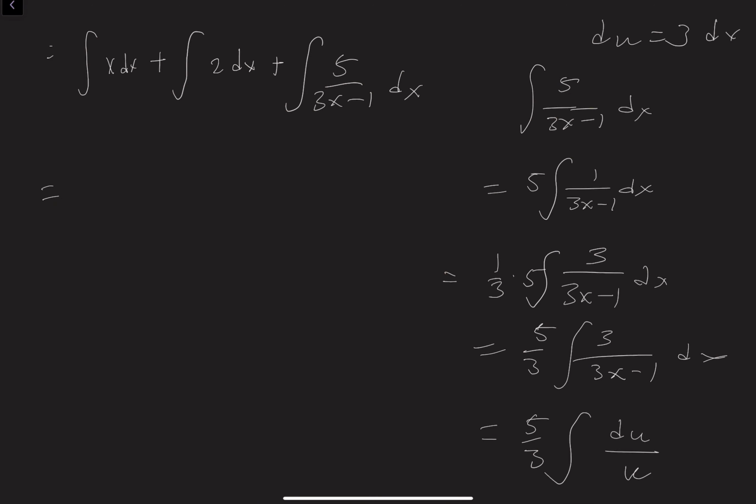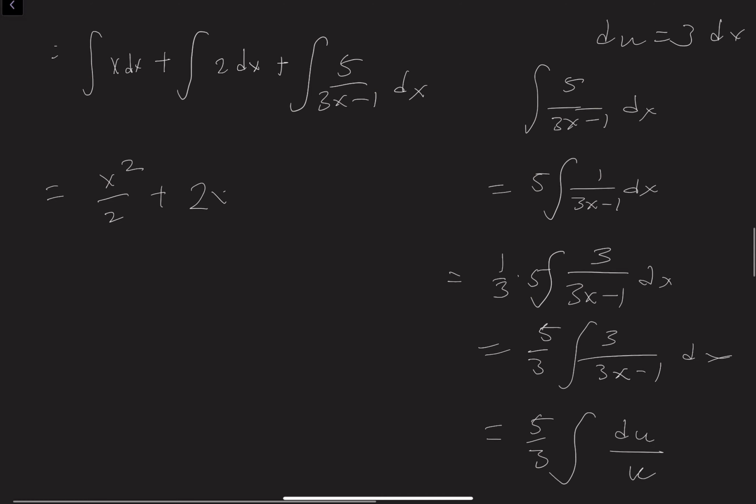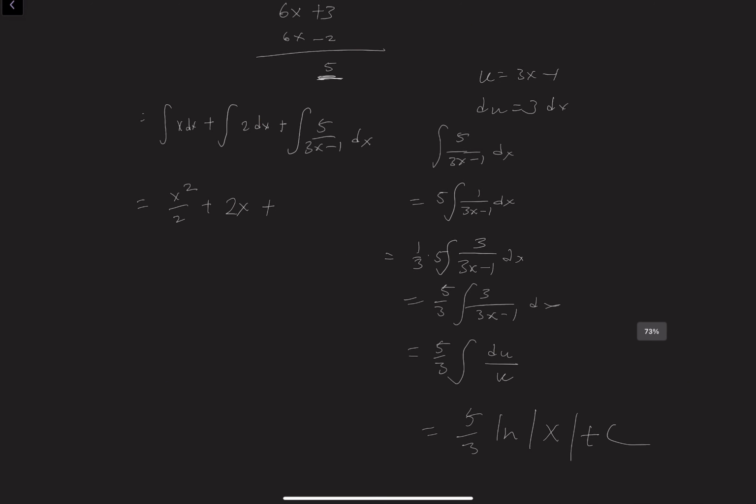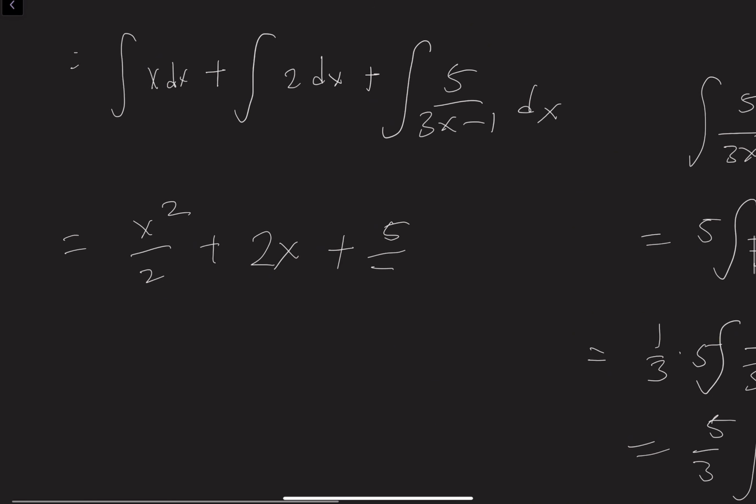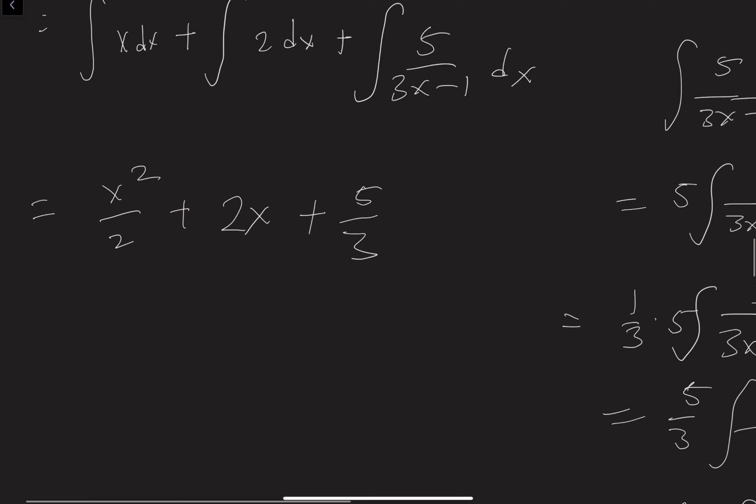The indefinite integral of x, the x is x squared over 2. We're increasing the exponent by 1 and dividing by the new exponent. Plus 2x, we're adding an x for the constant. And plus, where we just evaluate, 5 over 3 times the natural log of absolute value of 3x minus 1 plus c.